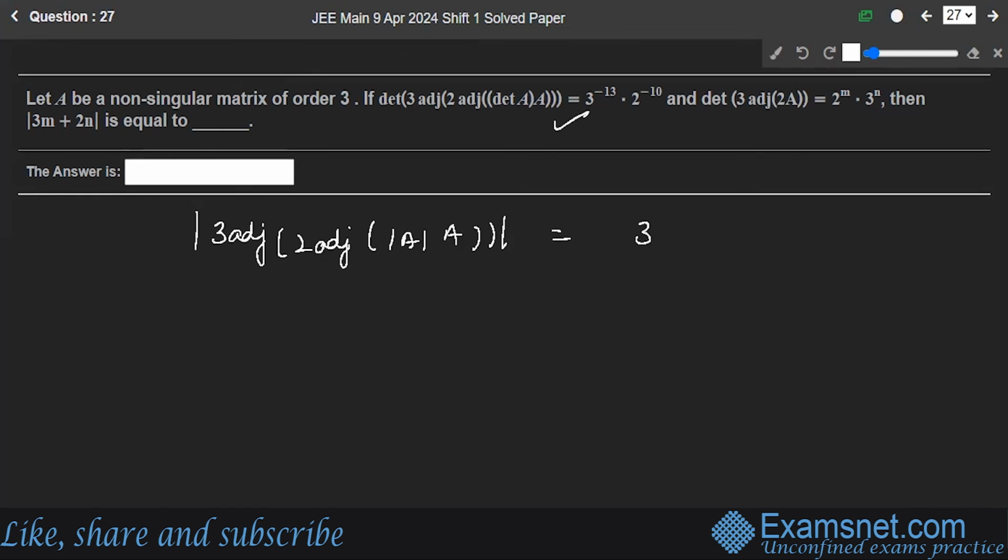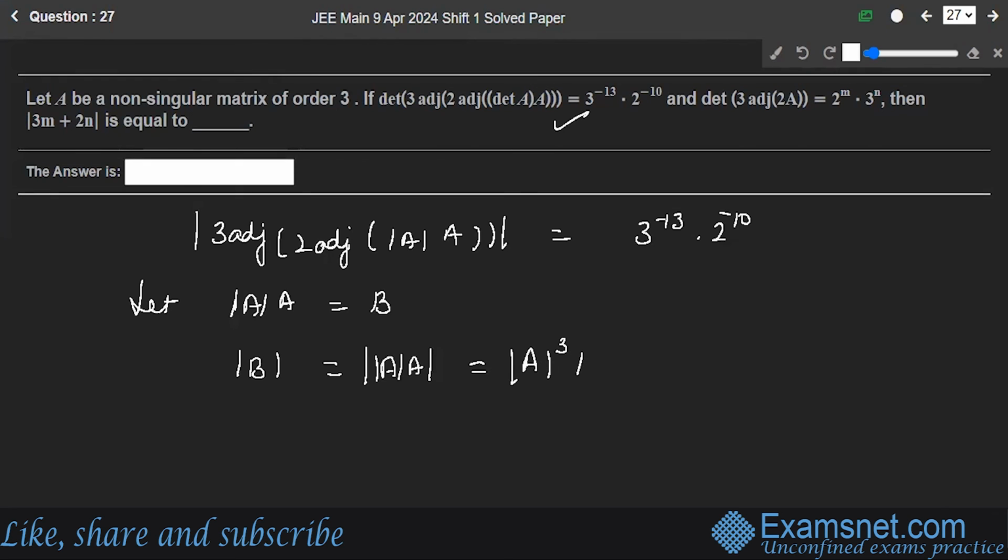This is 3 power minus 13 into 2 power minus 10. And let's say the determinant of A into A matrix is equal to B. This gives you the determinant of B matrix is the determinant of A into A matrix, which is equal to the determinant of A cube into A, that is determinant of A power 4 only.